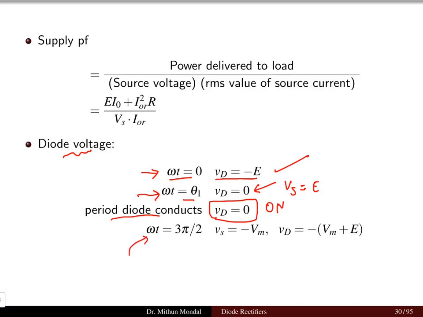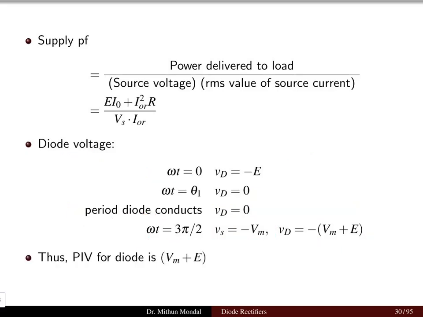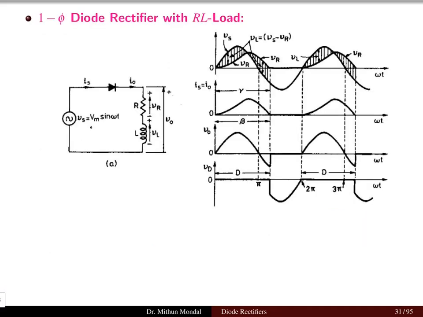And again at omega t equal to 3 pi by 2, the source voltage is equal to minus Vm. So the diode voltage is given by minus Vm plus E. So this is the entire conduction period of the diode, and what happened at the different instants. The peak inverse voltage of the diode will be the total voltage, which is equal to Vm plus E. This is the entire blocking voltage that the diode has to withstand in the negative half cycle.